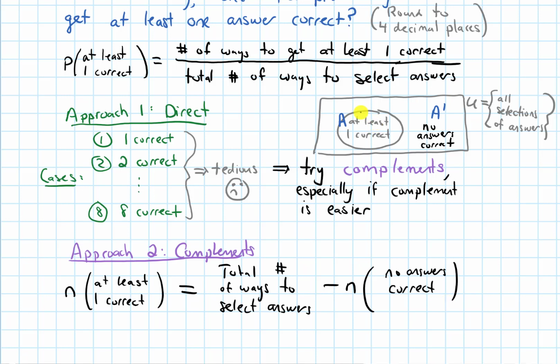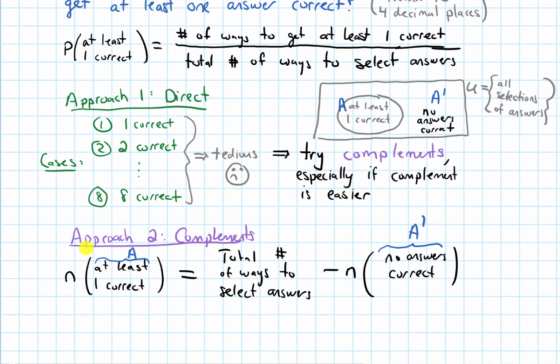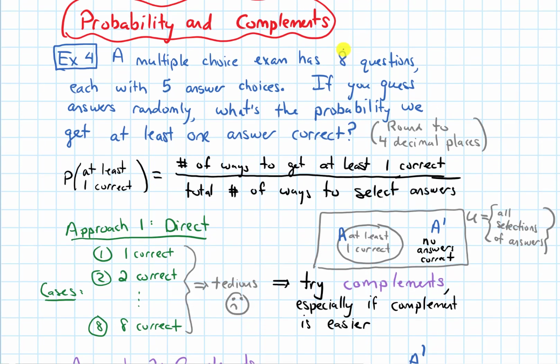Okay, so using my set notation, getting at least one answer correct, this is what I'm calling A. Getting no answers correct, that was the complement of A. And I'm subtracting that away from the total. Okay, so how many ways are there to select answers? Well, the question said that there were 8 questions on this exam. Each of them has 5 answer choices.